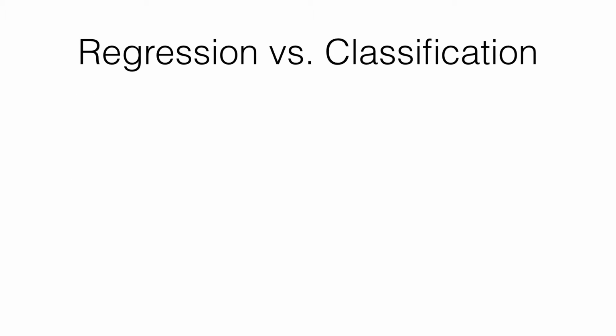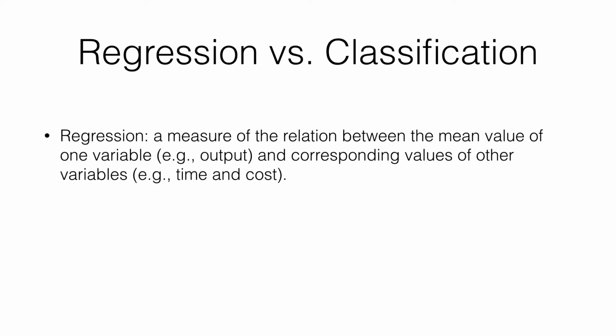If you look it up, you'll find a formal definition that says that regression is a measure of the relation between the mean value of one variable and the corresponding values of other variables, which is a bit of a mouthful, but that's more or less correct.